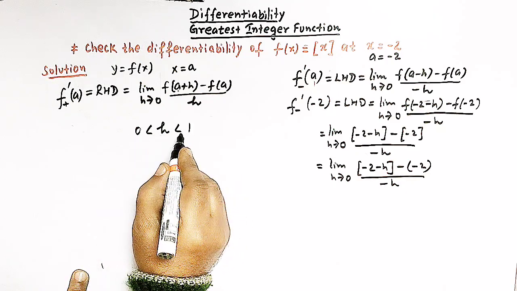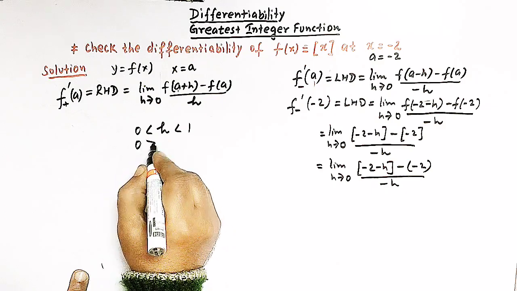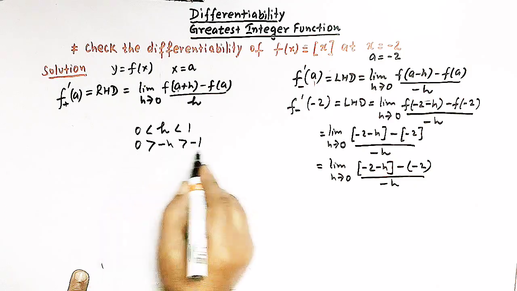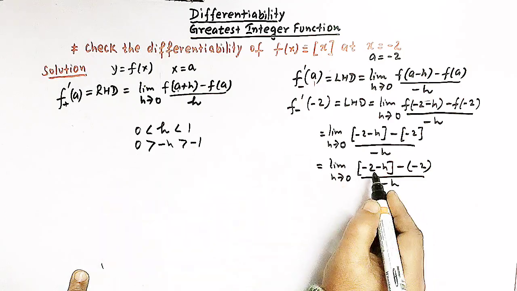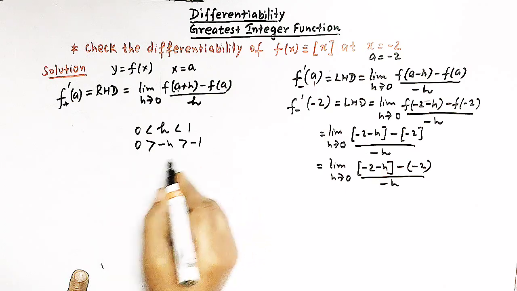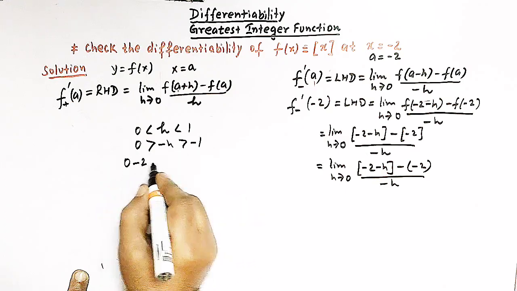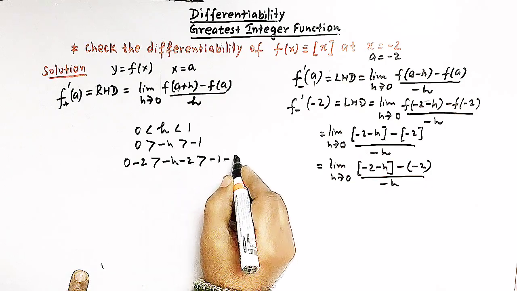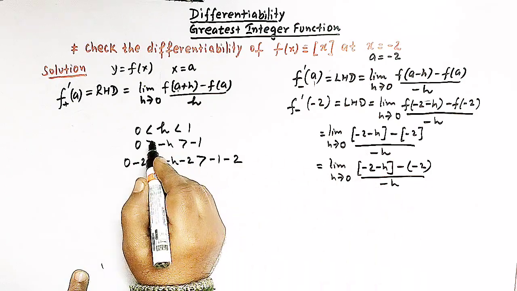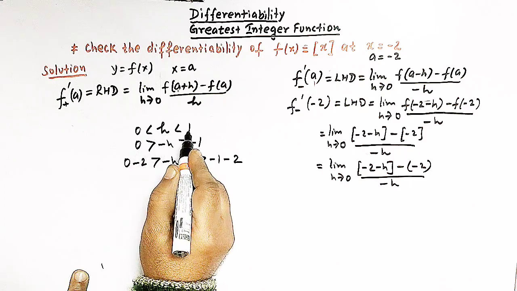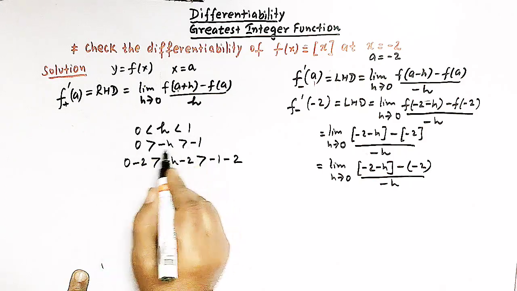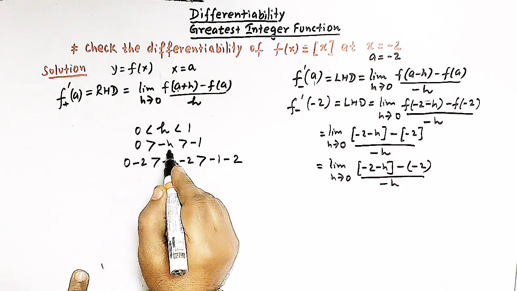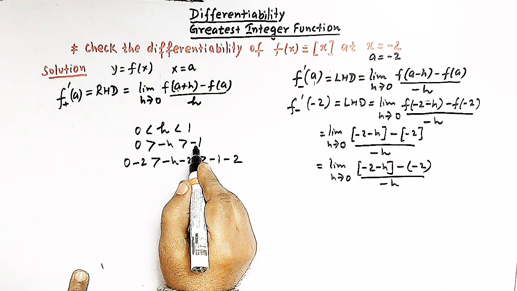So multiplying throughout by minus 1, the direction of the inequality gets reversed, and we have 0 greater than minus h greater than minus 1, right?